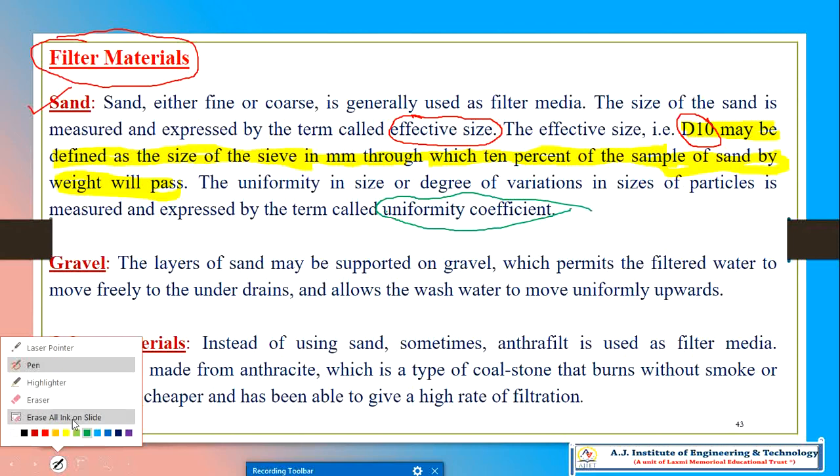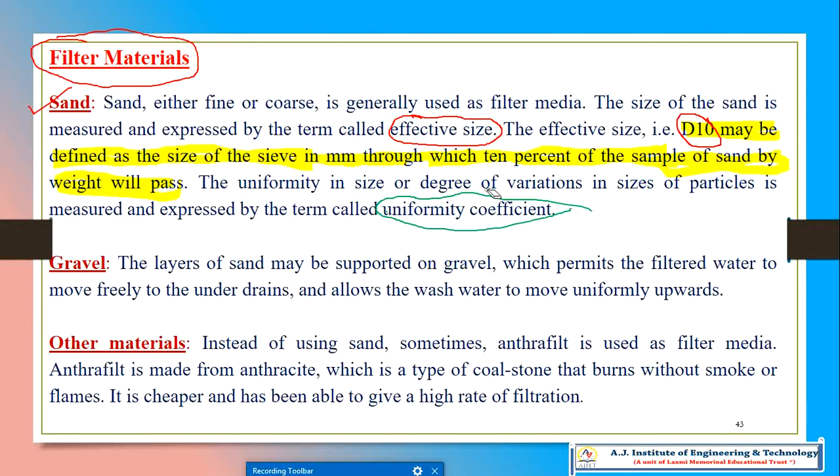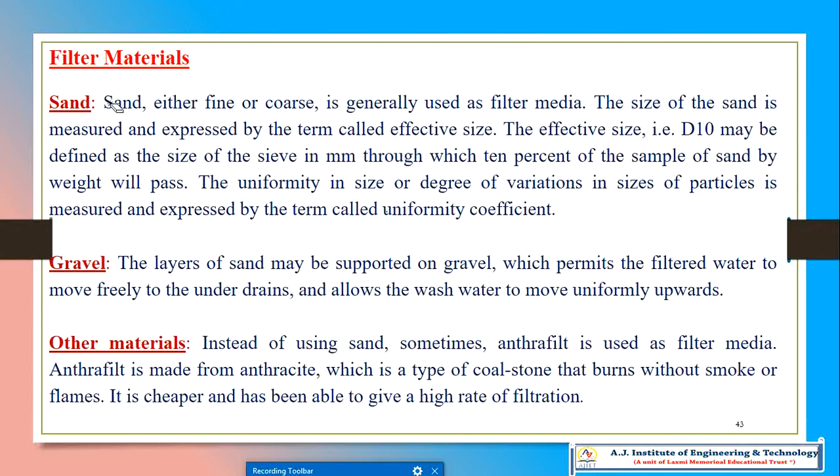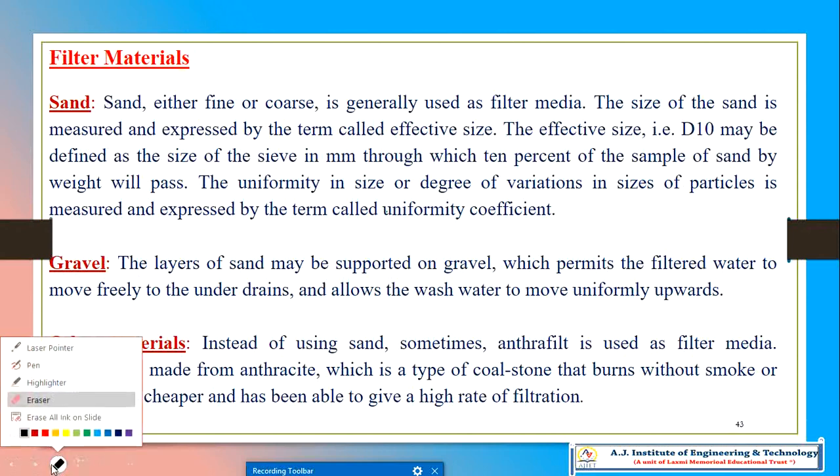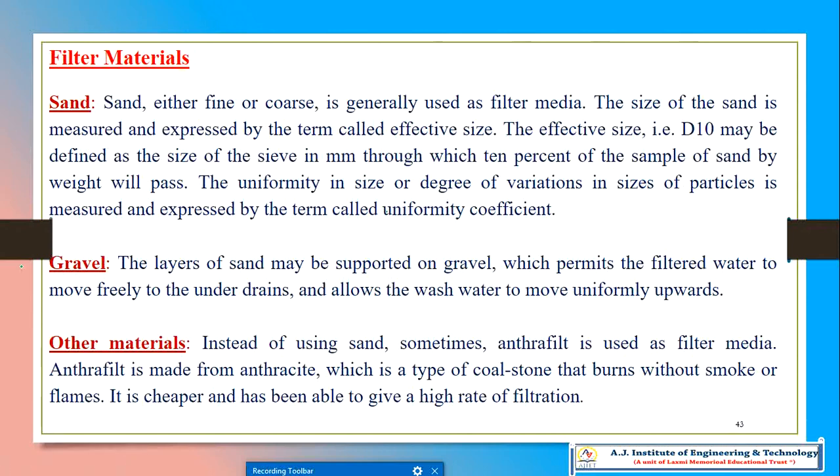That is the uniformity of the size or degree of variation in the size.